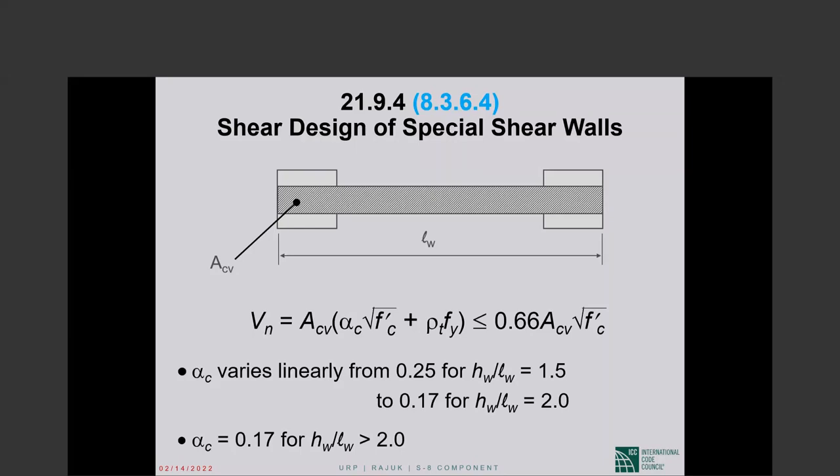Now, there were tests of low-rise shear walls at the Portland Cement Association a long time ago, before my time, I believe in the early 70s, that showed that concrete in low-rise walls, height to length ratio less than or equal to 1.5, can do better than 2 square root of f sub c prime. So with those test results, we proceeded to complicate the code.